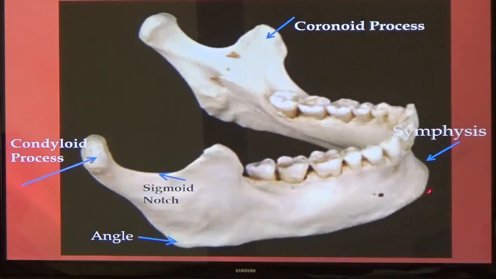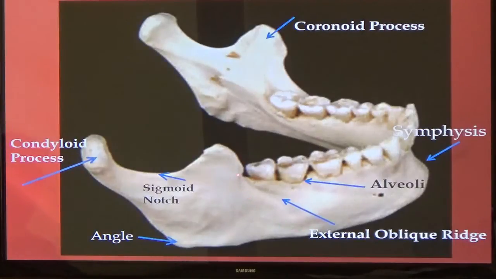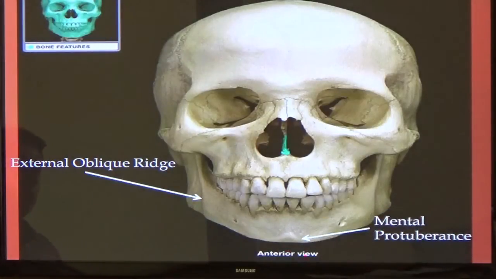The symphysis, the front triangle, or I'm sorry, where it joins. The symphysis is the middle. The alveoli, again, where the sockets are, the sockets of the teeth. External oblique ridge comes through here. And mental protuberance is that triangle right here in the front.